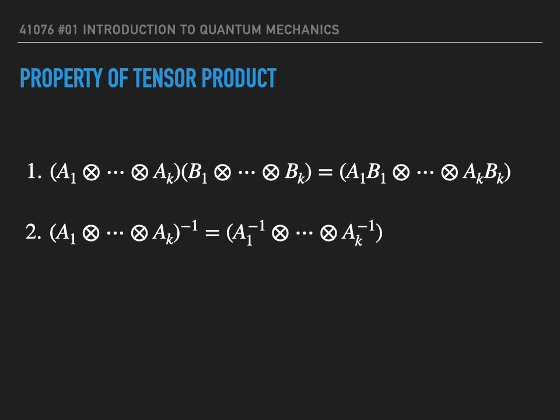Secondly, the inverse of a k-fold tensor A1 tensor up to Ak is equal to A1 inverse tensor A2 inverse tensor up to Ak inverse. Finally, the Hermitian conjugate, or transpose conjugate, of k-fold tensor operators A1 tensor up to Ak is equal to A1 dagger tensor A2 dagger tensor up to Ak dagger.